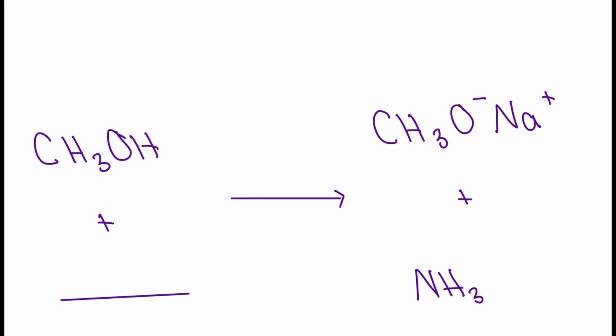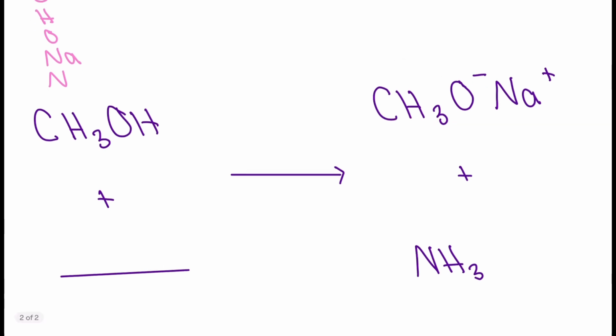Okay, so this question is asking which reactant is missing. This is your first reactant, this is the second one you're missing, and these are your products. The easiest way to do this problem is to keep inventory of how many elements you have. So we have a carbon, hydrogen, oxygen, and over here we have a sodium, a nitrogen, and I think that's it.